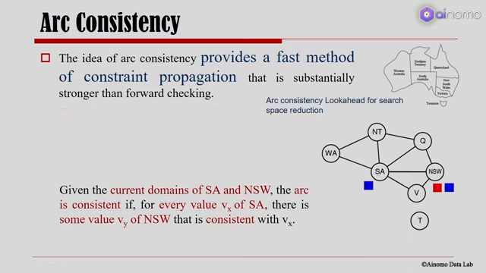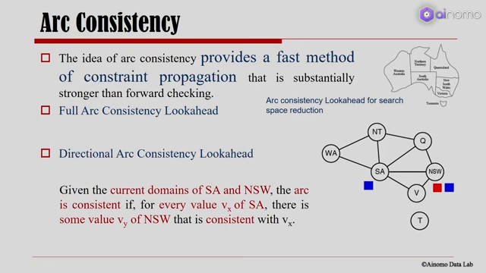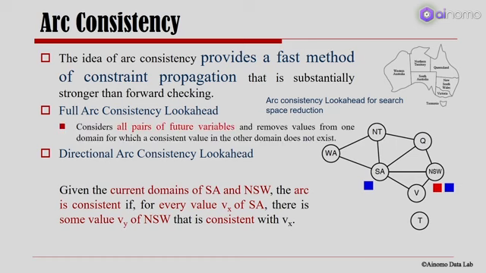Arc consistency can be used as a look ahead to reduce the search space, and the idea is in two ways. Either we look for full arc consistency look ahead, or we look for directed arc consistency look ahead. The full arc consistency look ahead is about considering all pairs of future variables and then removing values from one domain for which a consistent value in the other domain does not exist.